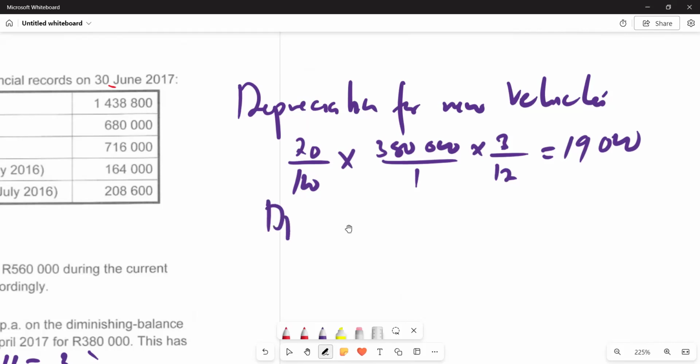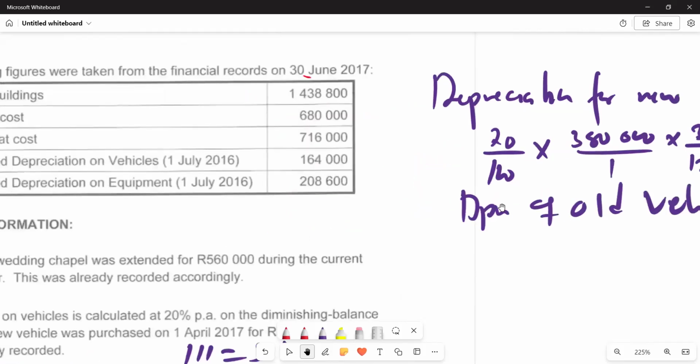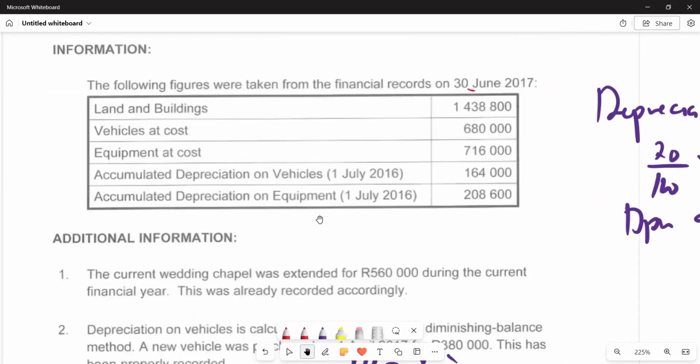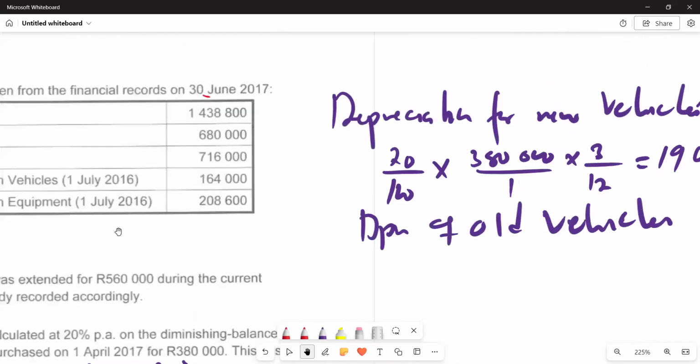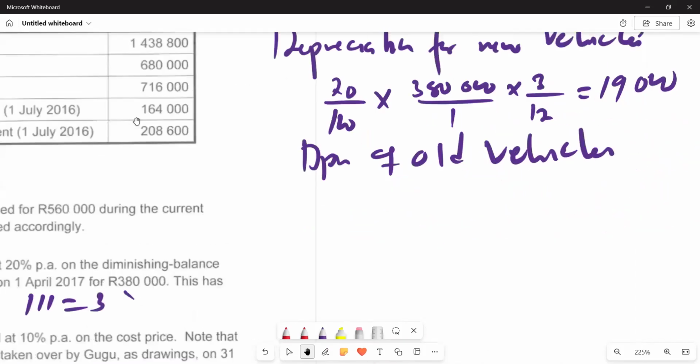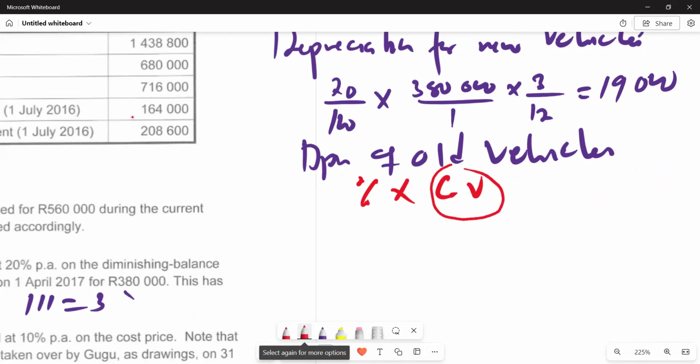Then we try to calculate depreciation of old vehicles. Remember the depreciation using diminishing balance method. We are going to use the formula percentage times carrying value. So first of all, we have to find the figure for our carrying value, whereby carrying value is cost minus accumulated depreciation.